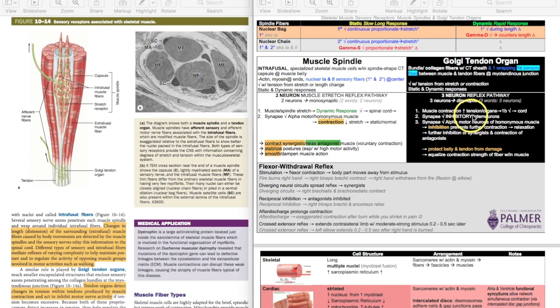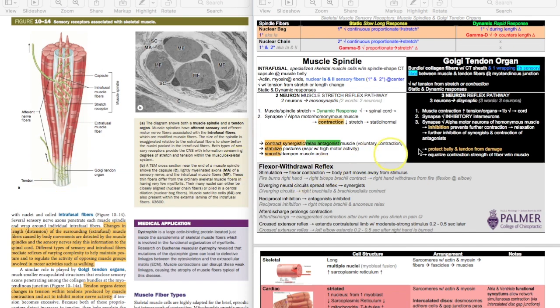So that inhibitory interneuron is connected to motor neurons of that same muscle, and when it's told to fire, it's going to pass the message on to that motor neuron of that same muscle, which will inhibit further contraction so that this thing stops contracting, so that there's less tension here at the Golgi tendon organ.